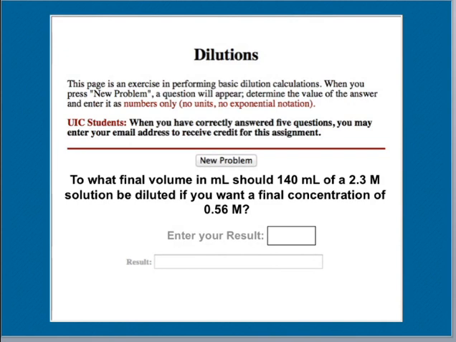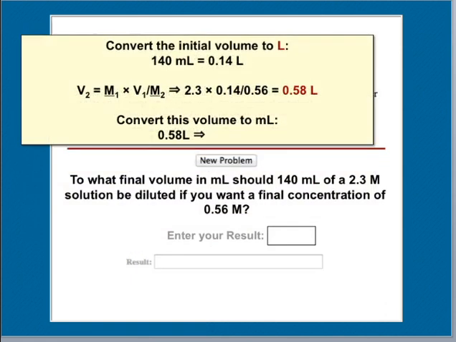Got it? We're solving here for V2, M1 V1 over M2, 0.058 liters. The problem asks for it in milliliters. Simply multiply by 1,000, and we're at 580.